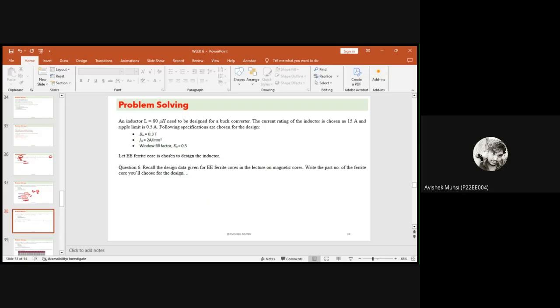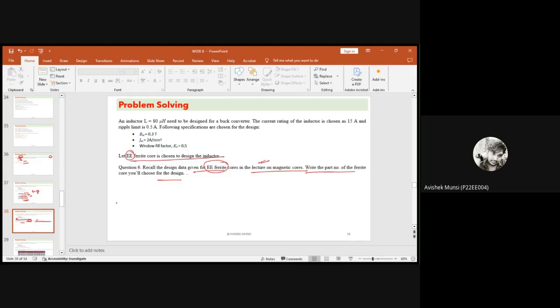Now let us consider that we are using a ferrite core, an EE ferrite core. I hope you have been given the EE ferrite core data in your lecture on the magnetic core for this week, and you have to write the part number of the ferrite core which you will choose.